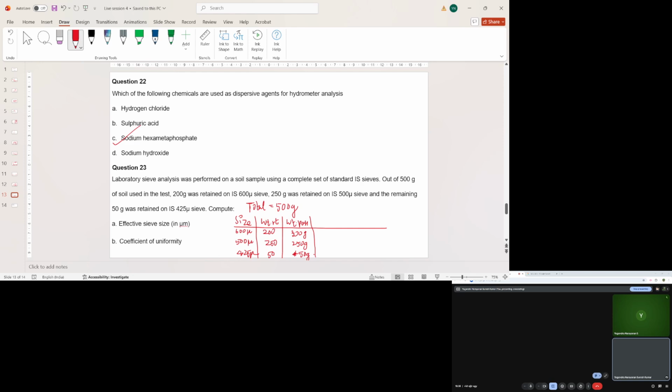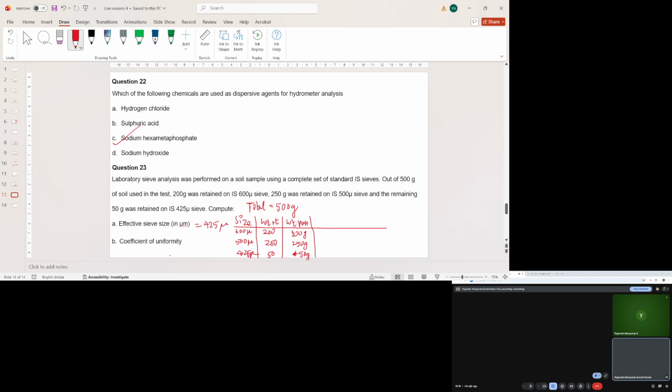Right. So the effective size is where 10% is retained or 90% passing, which is 425 micron, so D10 is 425 microns.